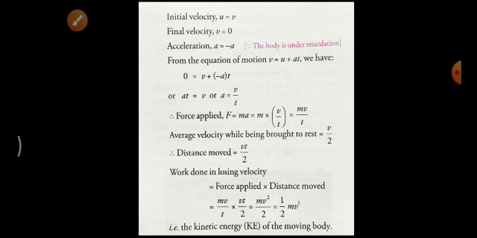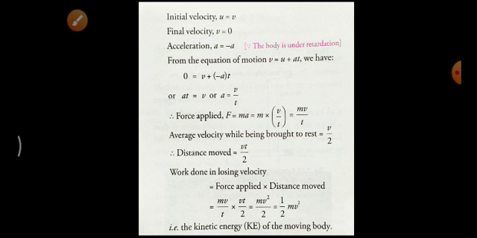So u is equal to v, final velocity is 0, and acceleration is equal to minus a, because retardation is taking place; the velocity of the moving object is decreasing. From the first equation of motion, v is equal to u plus at, we put in the values.